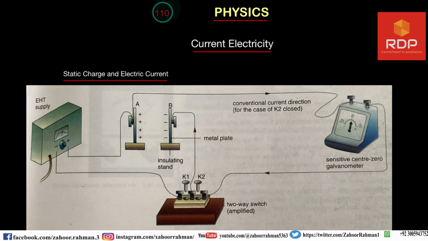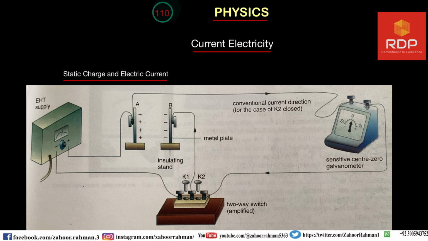For measurement of current, we use another device called a meter. When the current is passing through this galvanometer, the pointer in the galvanometer is seen to deflect momentarily to one side and then quickly return to zero. The galvanometer's deflection shows that an electric current is present.